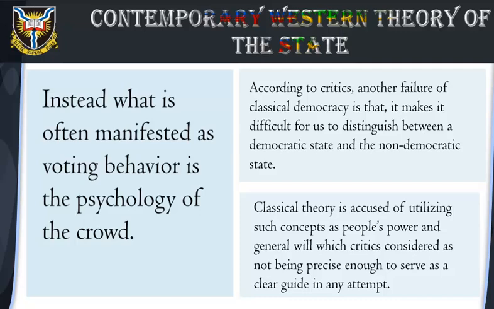According to critics, another failure of classical democracy is that it makes it difficult for us to distinguish between a democratic state and a non-democratic state. Classical theory is accused of utilizing such concepts as people's power and general will, which critics considered not precise enough to serve as a clear guide.